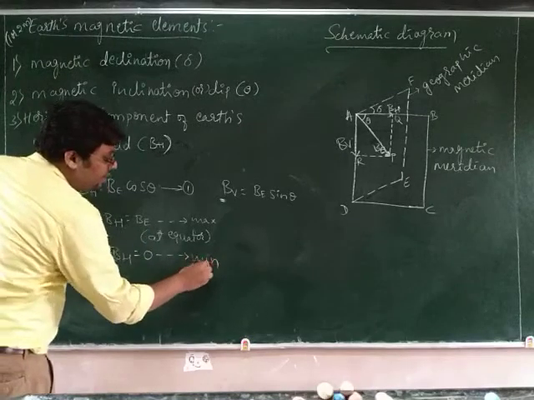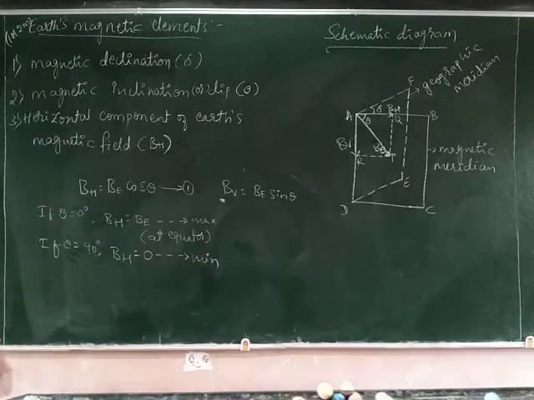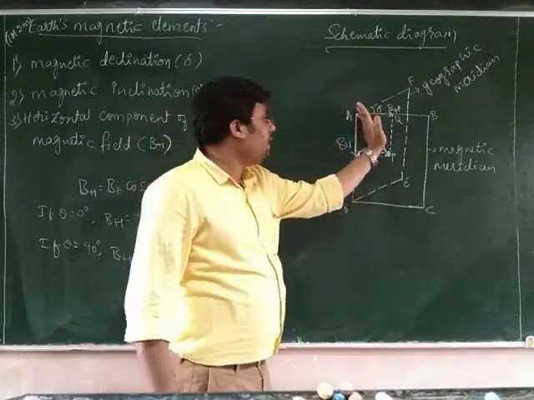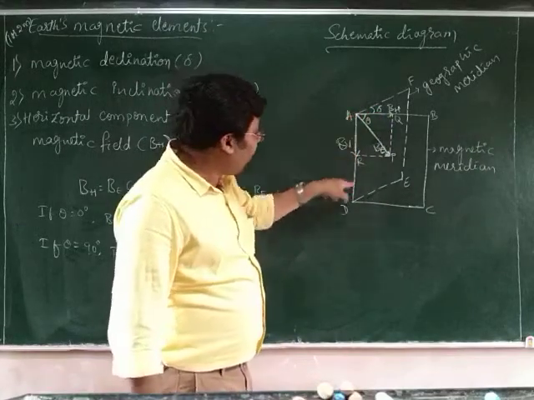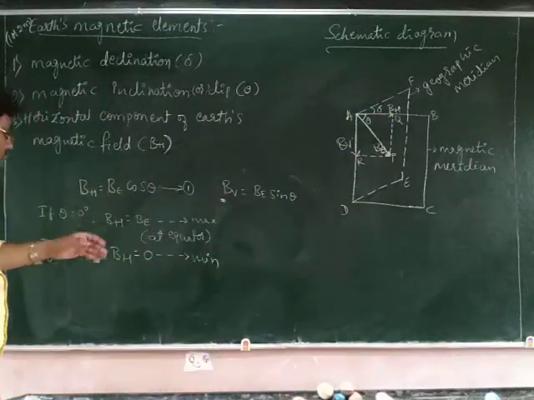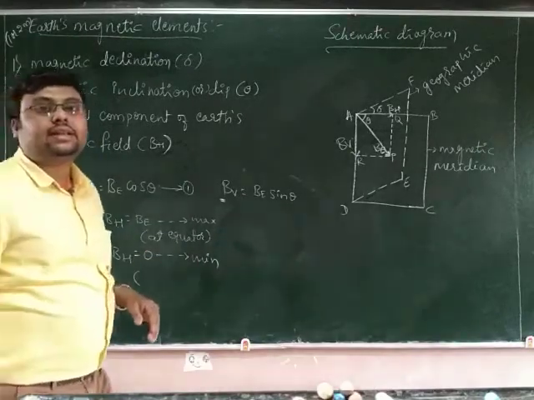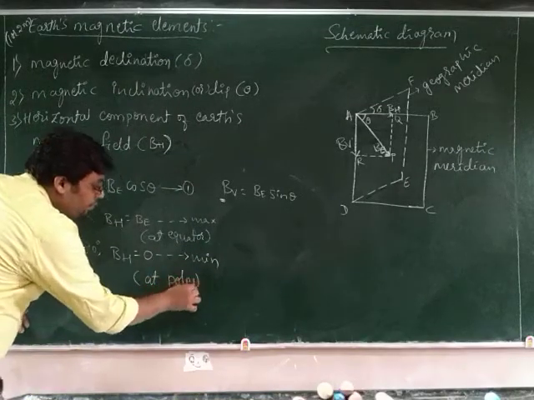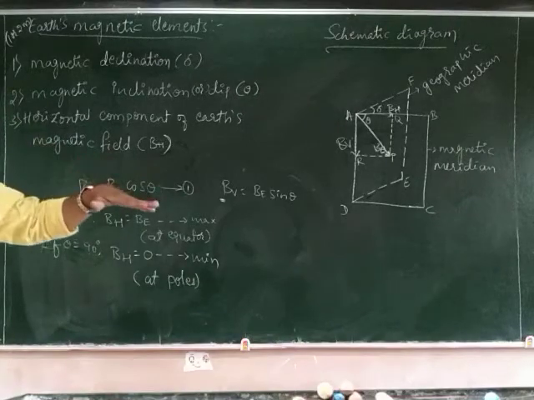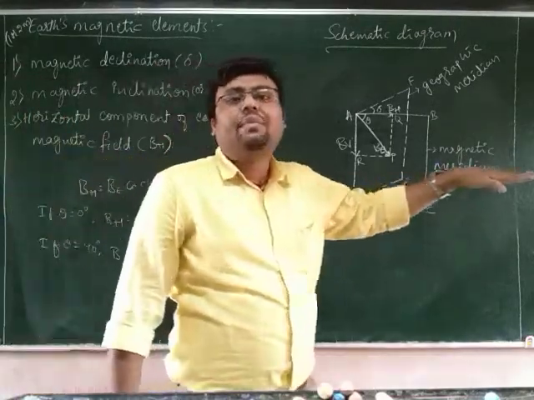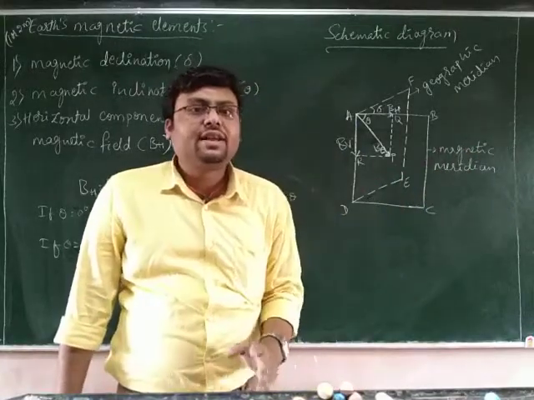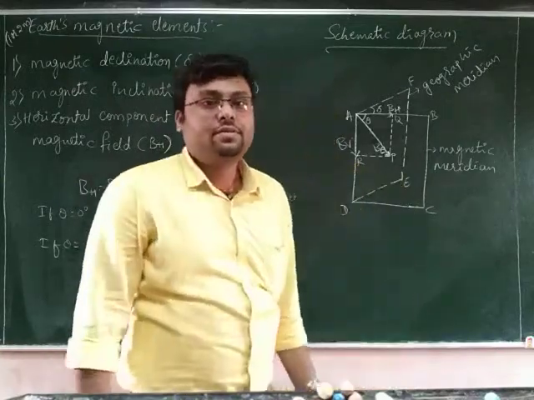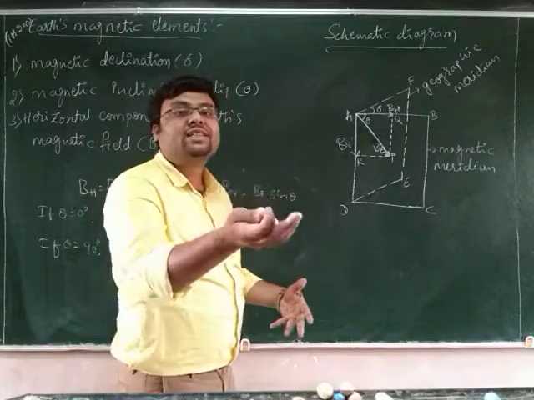This is the minimum value of the horizontal component. Theta should be 90 degrees, that is when BE comes vertically, and that happens at the poles. The horizontal component should be maximum at the equator. When BE points like this at the poles, the horizontal component is 0, and the vertical component is present there. So where is the vertical component maximum and where is it minimum?